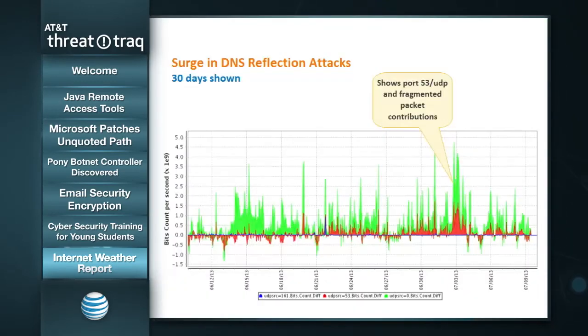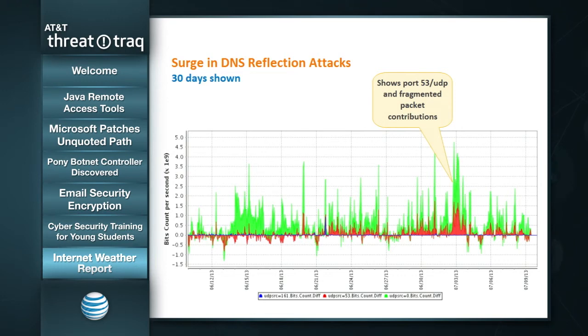The other thing I should point out is that I'm showing two other ports on this graph, not just port 53, but also port 0, which adds in the effect of fragmented packets, which is often the case in these types of attacks. Another case where fragmented packets tend to be present is SNMP reflection attacks.